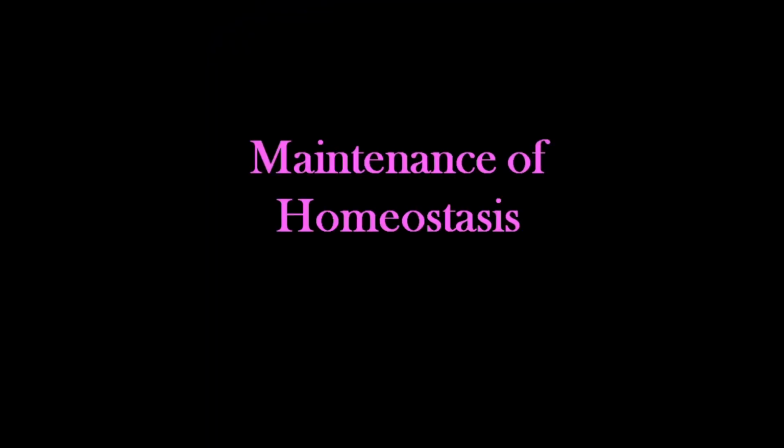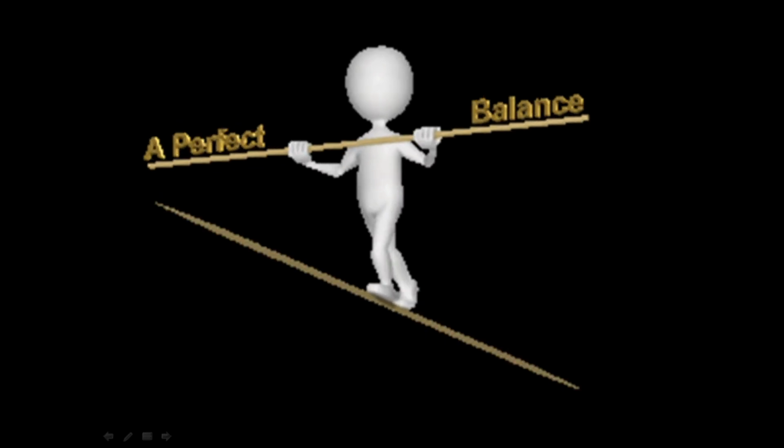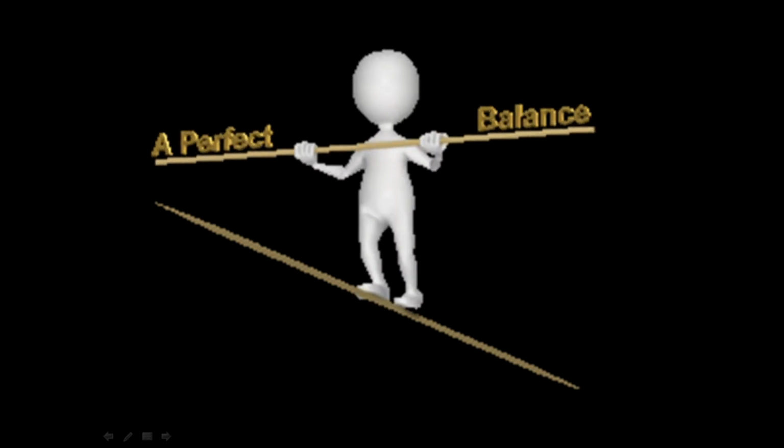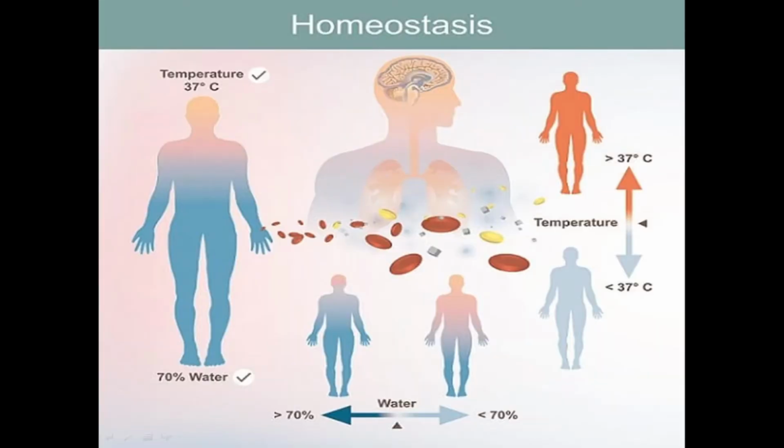Maintenance of homeostasis. It is the ability of living organisms to regulate the internal environment to maintain a stable state irrespective of changes in the external environment. For example, thermoregulation in human.